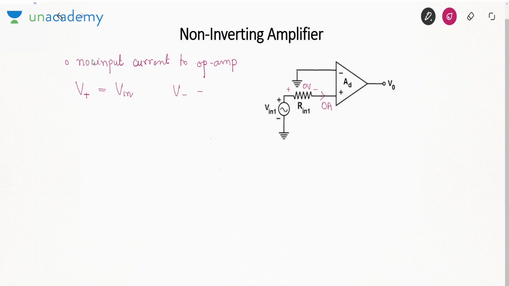What is the negative terminal voltage? It is 0. Now we know V0 is, by the mathematical model, differential gain into positive terminal voltage minus negative terminal voltage. That is AD into (Vin minus 0), or you can say AD Vin. Okay, it is actually Vin1.